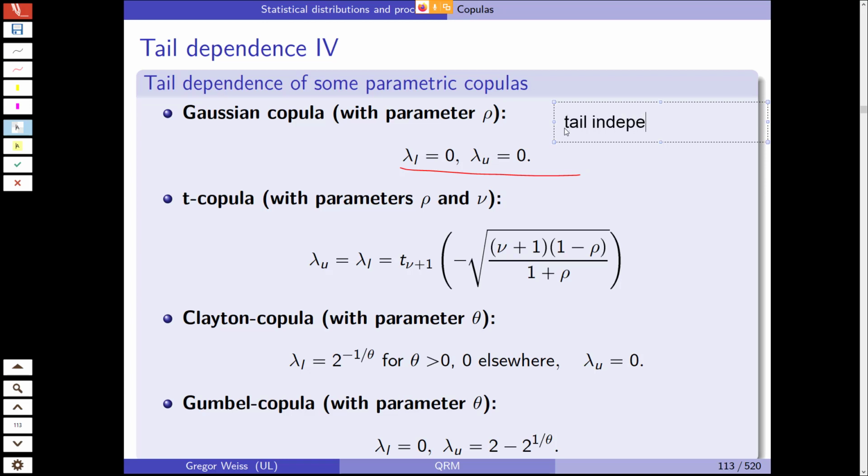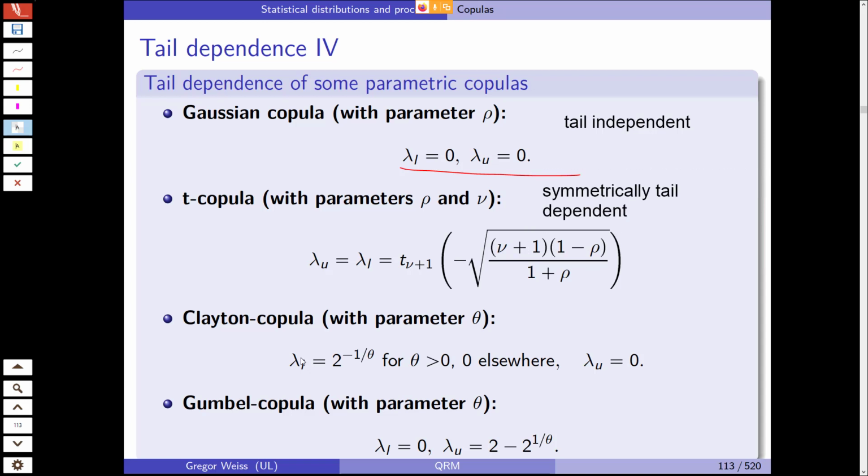The t copula has the same coefficient of upper tail dependence as for lower tail dependence, so we call this symmetrically tail dependent.